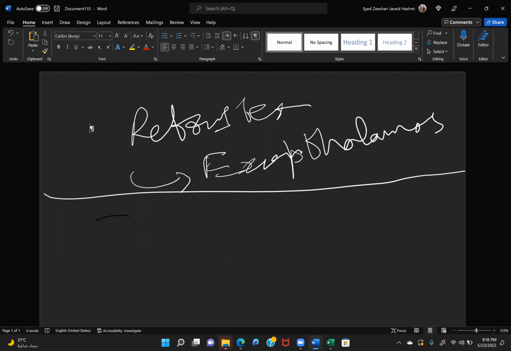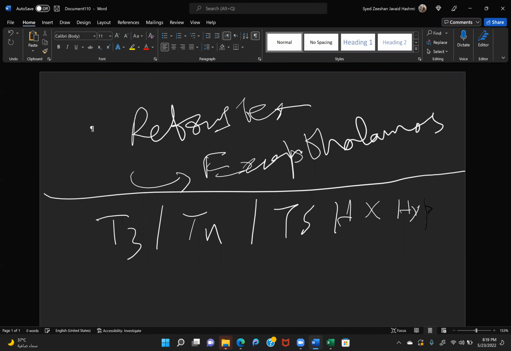Then you will be looking at T3, T4, TSH. Which is most important? TSH is more important in hypothyroidism. TSH is important, but here free T3.